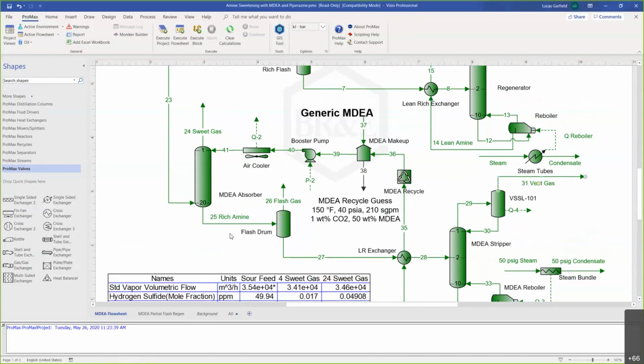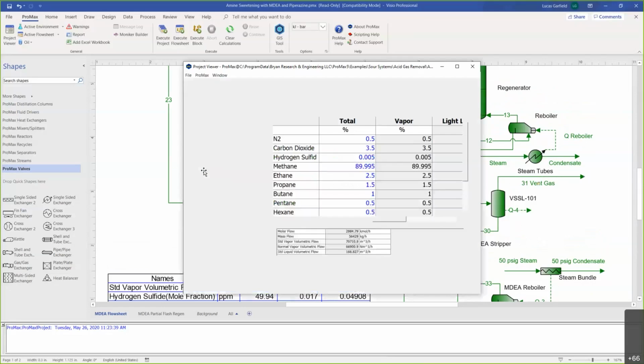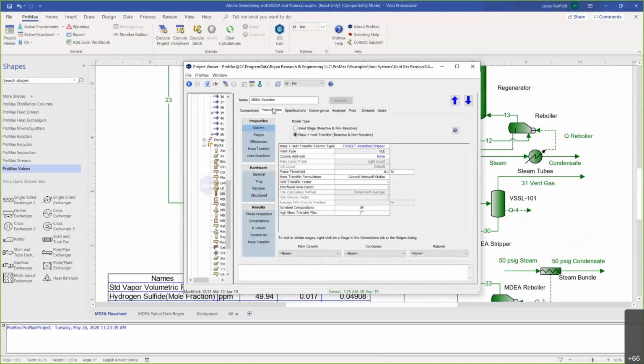One thing that you've got to make sure you do if you simulate one of these is include those CO2 kinetics. If you think about it, this is actually a reactive column, right? I mean, we need to consider the kinetics of the CO2 absorption. And luckily, ProMax does that all for you automatically. You've just got to make a couple of changes to the settings. If I open the absorber, you can see here under process data that I've selected the T-Suite absorber stripper column type.